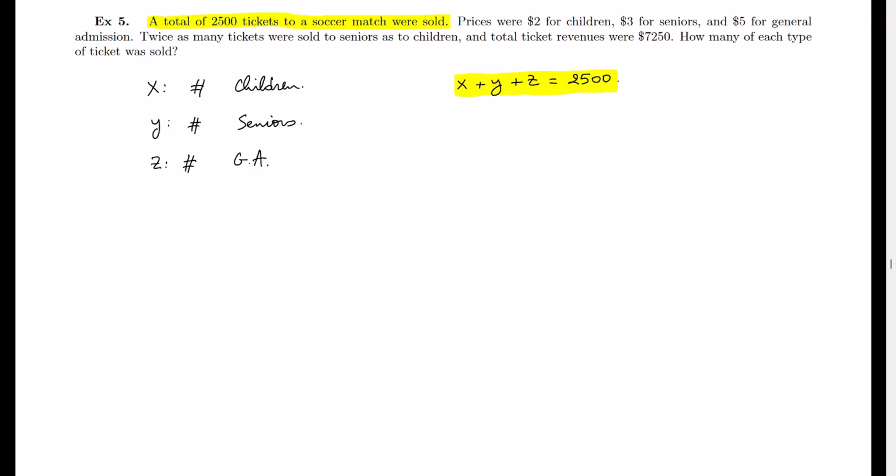But I'm also told that the revenue from all these tickets was 7,250. So even though it's split, I can use this information for the prices of the tickets and the total revenue to set up an equation. So I know that something was $7,250. So this was the amount of money that we made from selling all the tickets. And we sold X tickets to children, and each person had to pay $2.